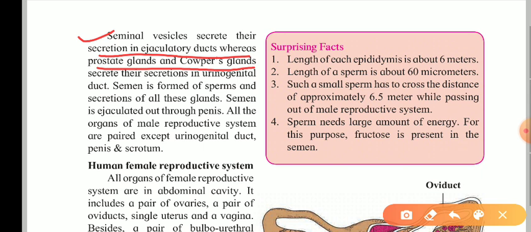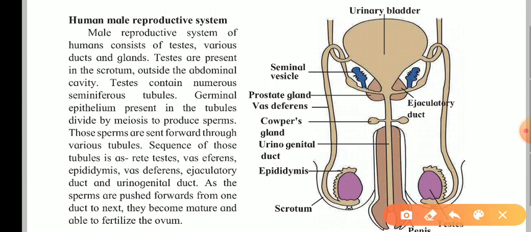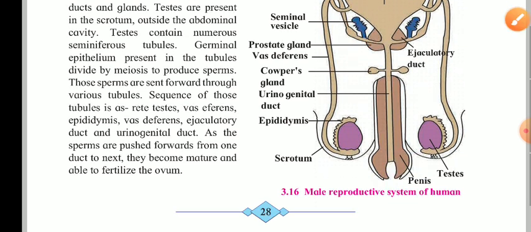You can see in the picture we have a number of glands: the seminal vesicle, the prostate gland, and the Cowper's gland. All these glands bring their secretions and add up with the sperm to make it complete as semen, which carries the sperm.